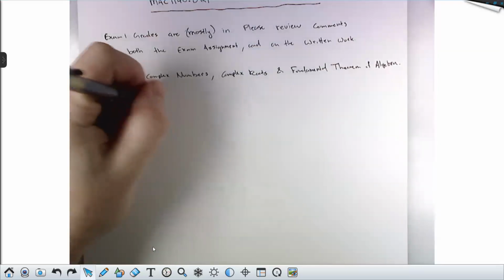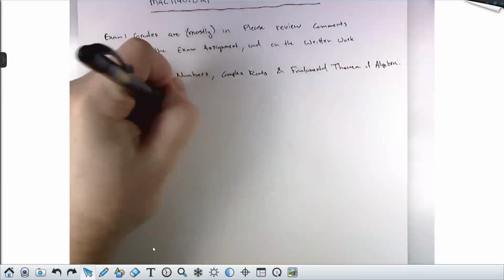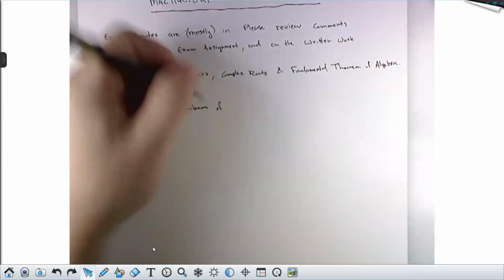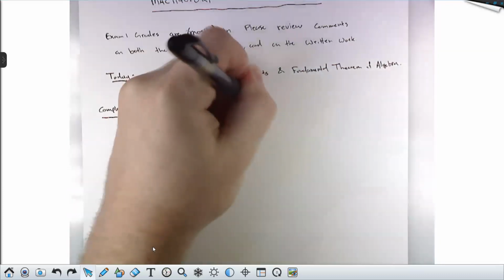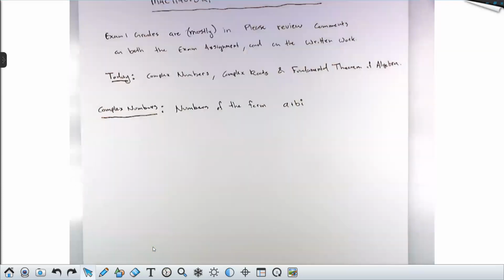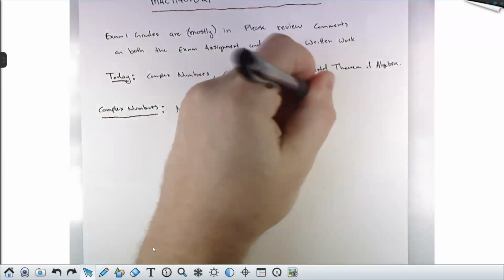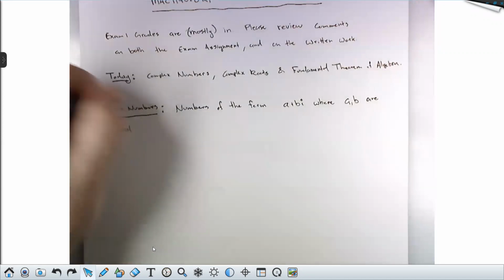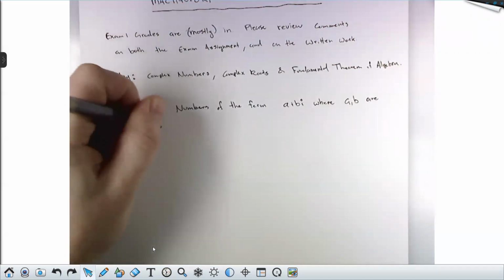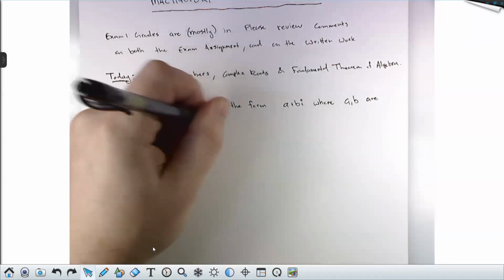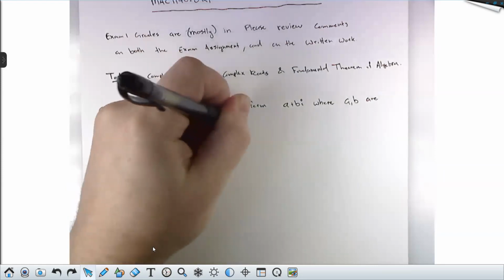If we're being a little more specific, we would say these are numbers of the form a plus b times i, where a and b are real numbers and i squared is -1.